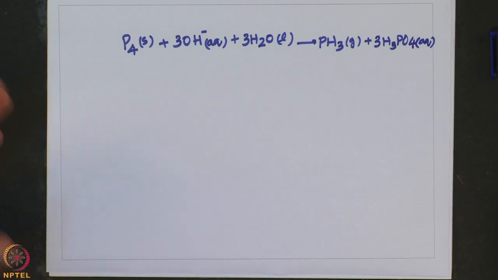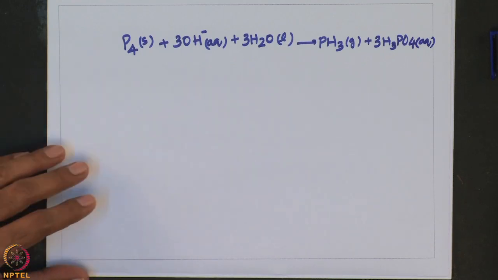Okay, so this is the commercial method of preparation of phosphine. And treatment of white phosphorus with water can also lead to the formation of phosphine.